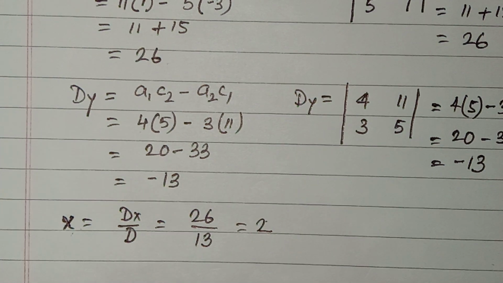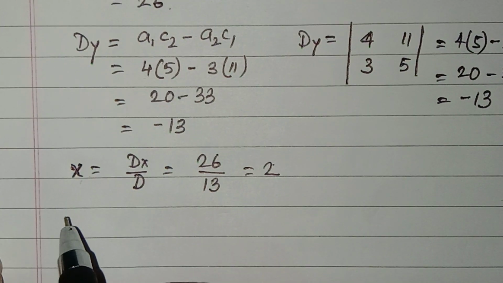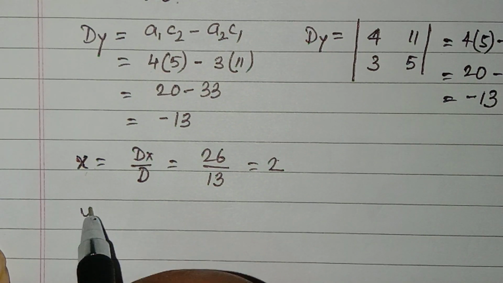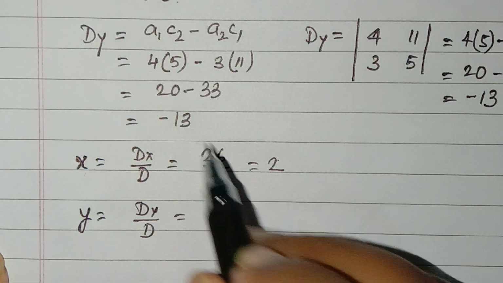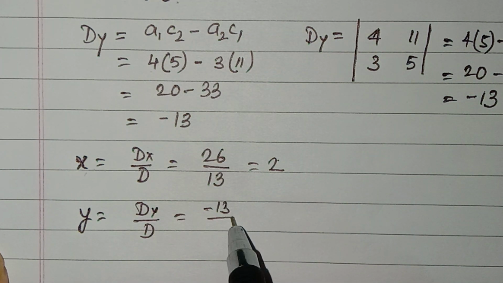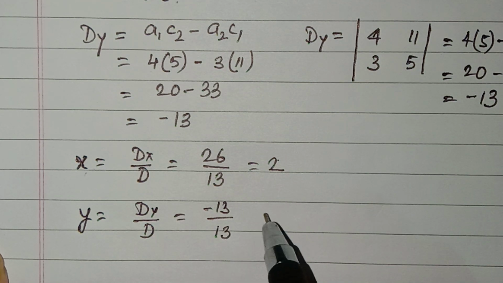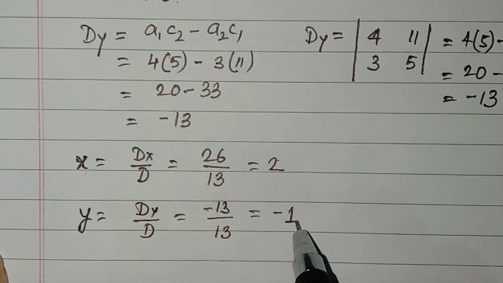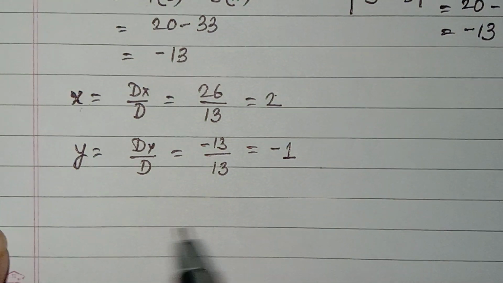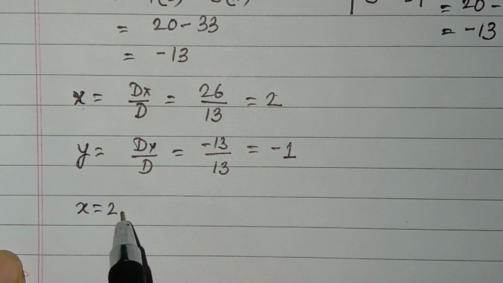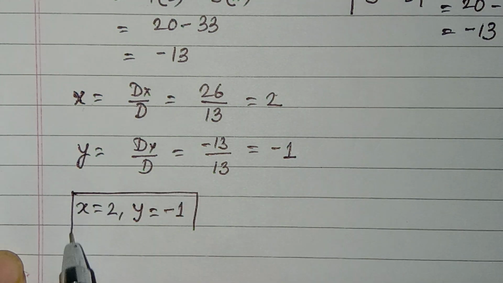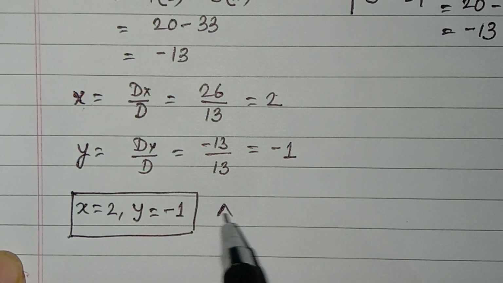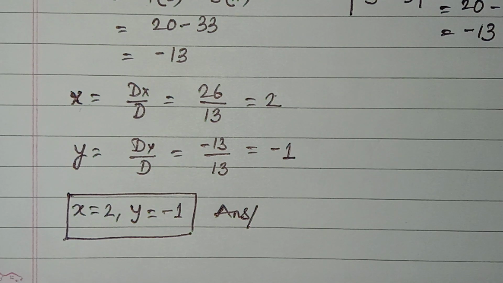So x is equal to 2, and y is dy by d, where my dy is minus 13 and d is 13. It is equal to minus 1. My solution is x equal to 2, y equal to minus 1. Kept in a box, and this is my answer. Now let's check question number 15.